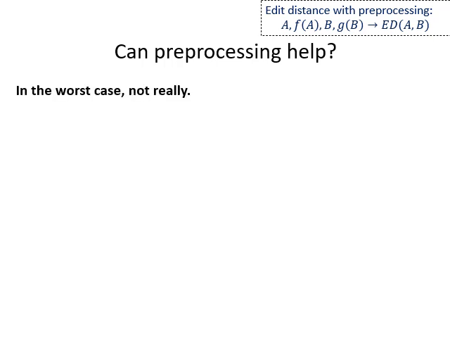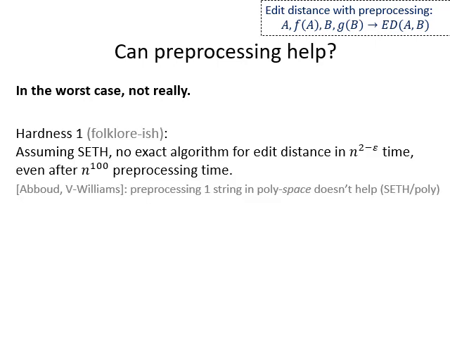Disappointingly, in the worst case, the answer is no. There's a hardness result that we formalize: assuming the strong exponential time hypothesis, the same kind of lower bound of quadratic time holds even after arbitrary polynomial time preprocessing of each string separately.